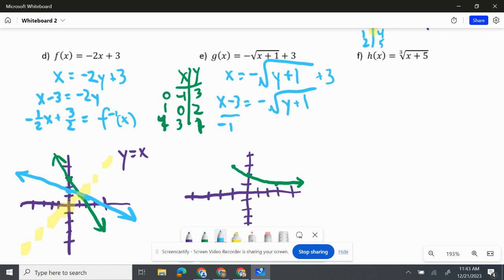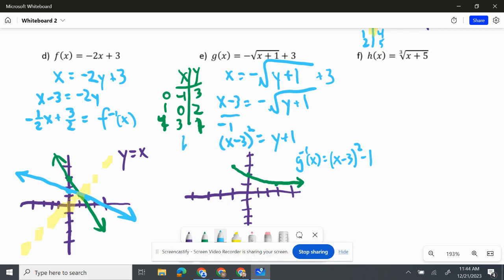So when I square a negative, it becomes a positive, and I have (x minus 3) squared equals y plus 1. So my formal line is going to be the inverse of g of x is equal to (x minus 3) squared minus 1.